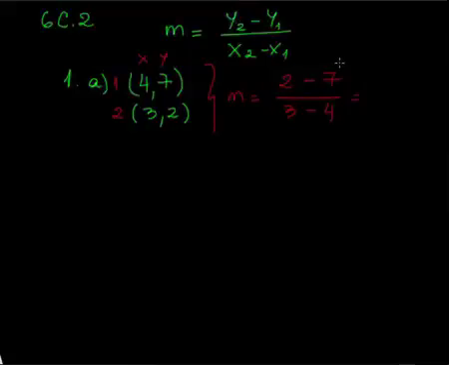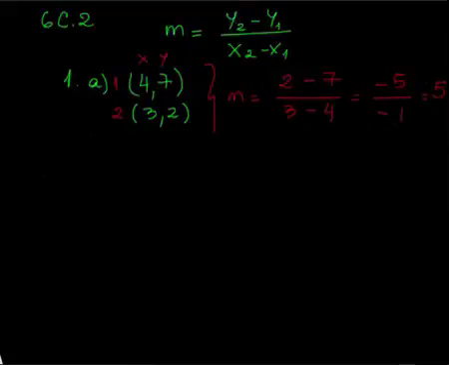And I just do the simplification. 2 minus 7, negative 5. 3 minus 4, negative 1. I use the rule of the signs. This is a 5 positive.